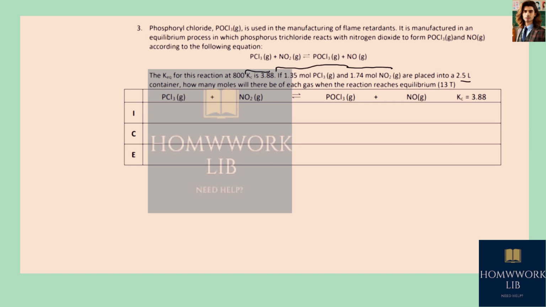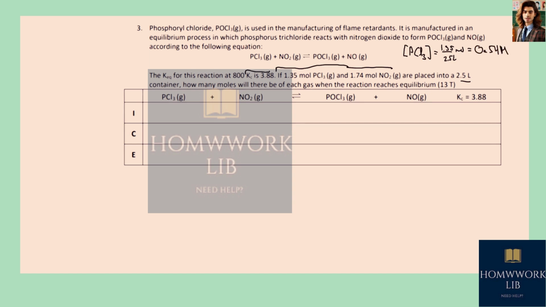The first step is to calculate the concentration of PCl3, which is equal to 1.35 mole over 2.5 liters, which gives us 0.54 molar.